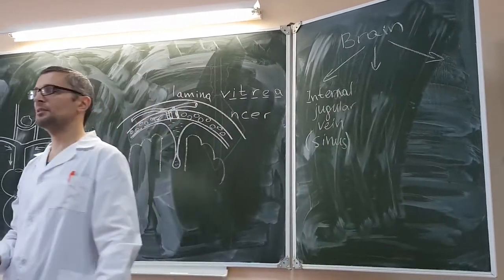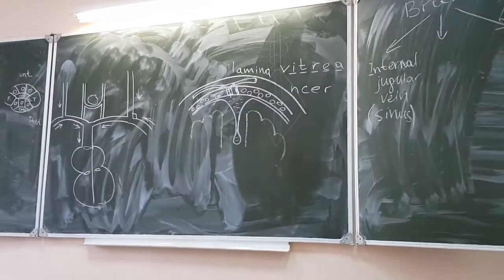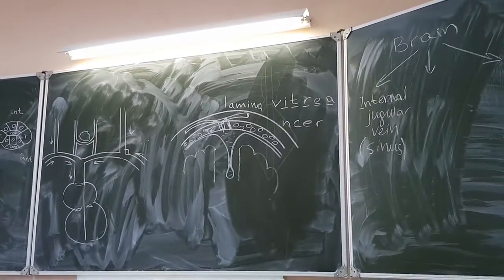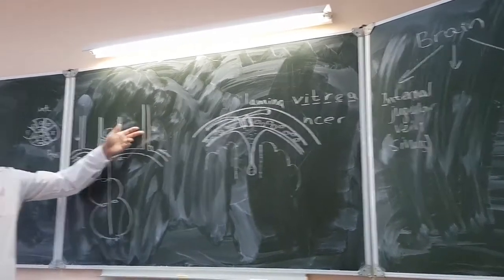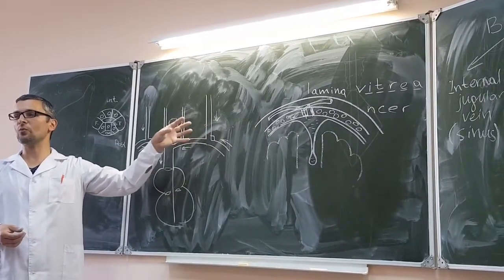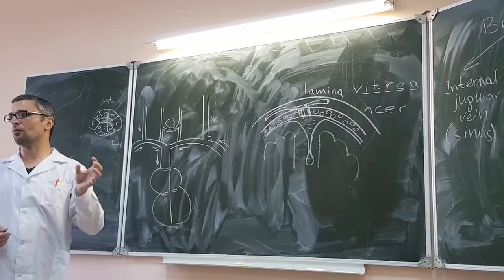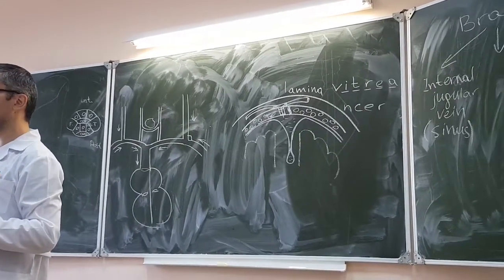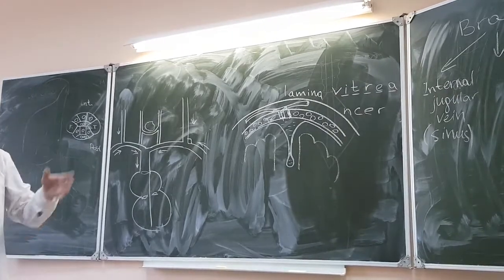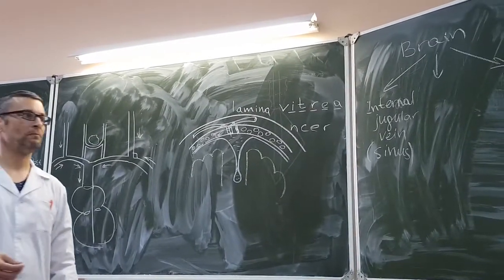The sinuses, which you will be studying next time, are the sinuses of the dura mater. So this vein, vena jugularis interna, is the basic vein which collects blood from our brain. Approximately 90% of all blood goes to the vena jugularis interna.